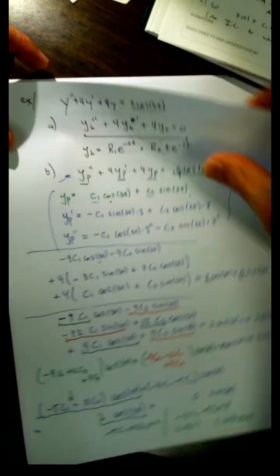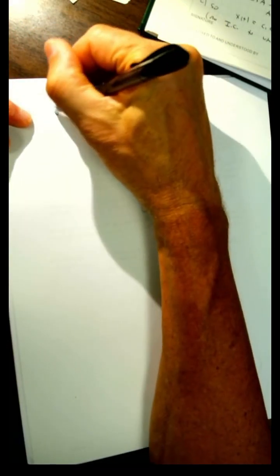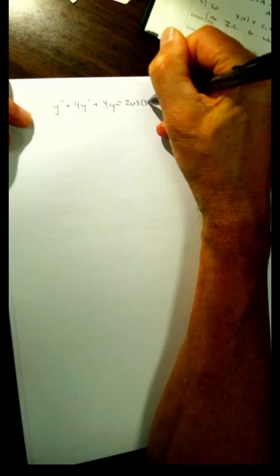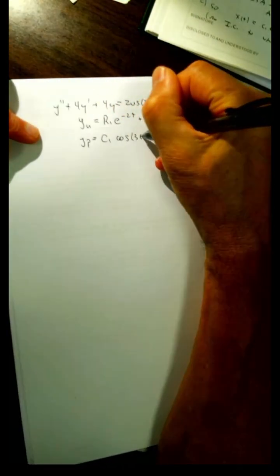So let's rewrite that. My differential equation was y double prime plus 4y prime plus 4y is 2 cosine 3t. My homogeneous solution was r1 e to the minus 2t plus r2 t e to the minus 2t. My particular solution was c1 cosine 3t plus c2 sine of 3t.